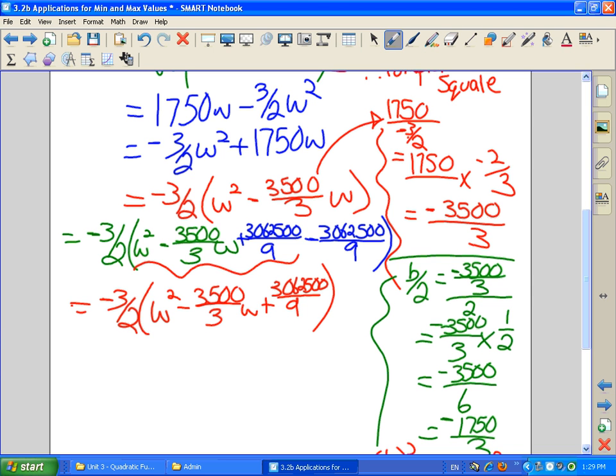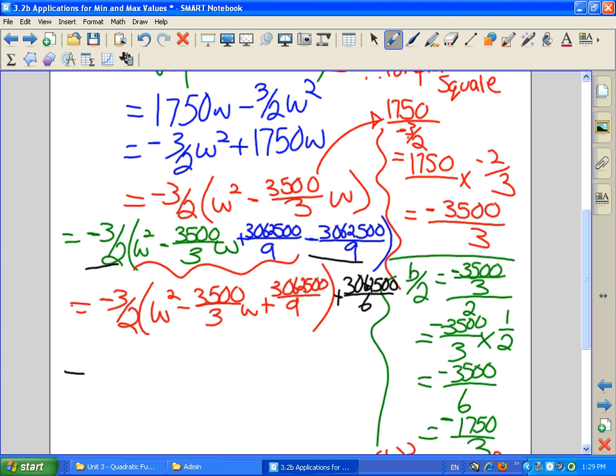And remember, guys, when you take this fourth term out, you have to multiply it by A. When you bring it out, it's going to be plus 3,062,500 all divided by 6, because you can cancel out the 3 and the 9, or just use the fraction button on your calculator, which is probably the easiest.